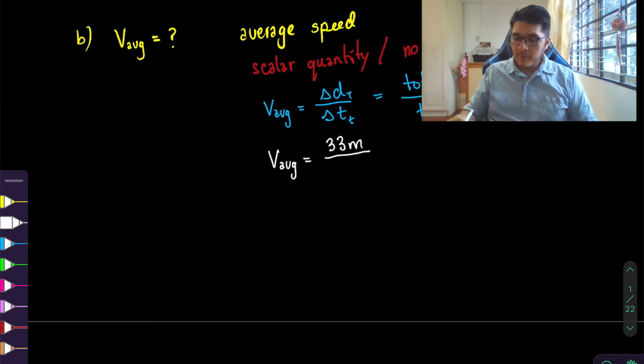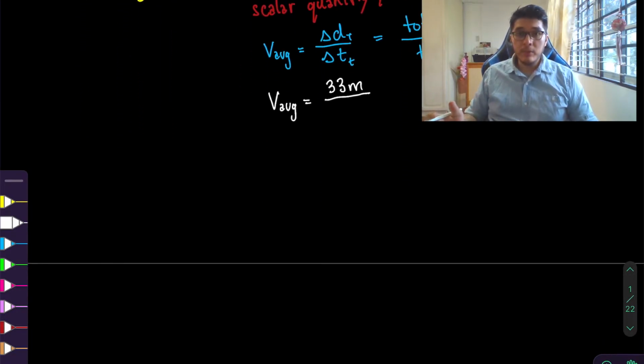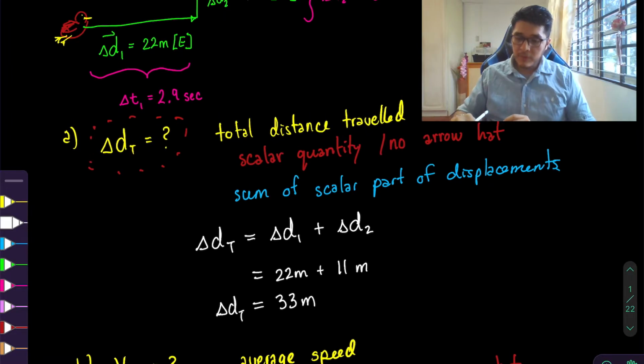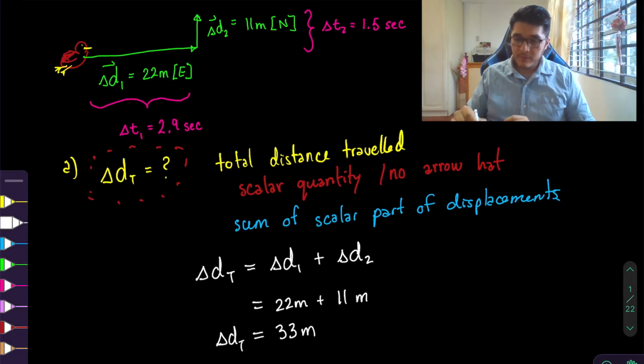And the only part that we need to find now is the total time. So remember they gave us the time for each interval. Let's look from before, and we have the first interval and the second interval. So we're going to do delta t1 plus delta t2.